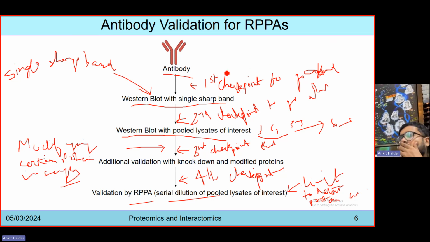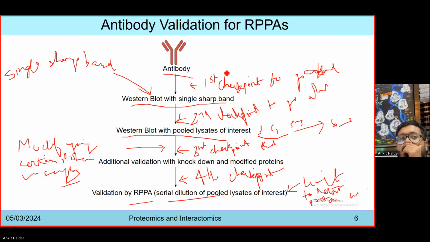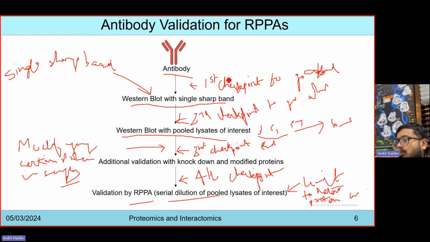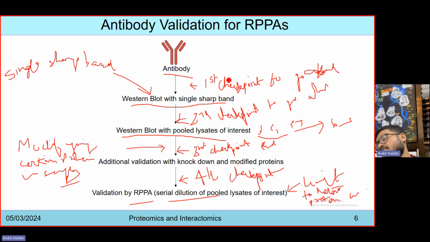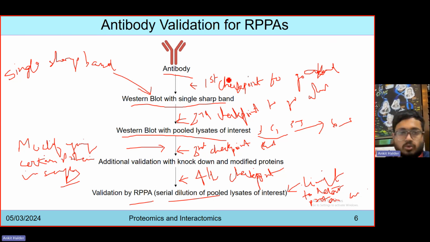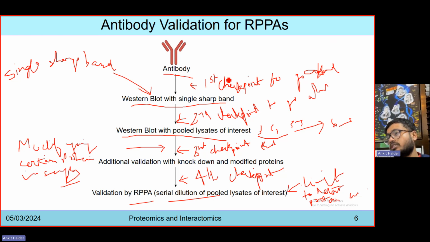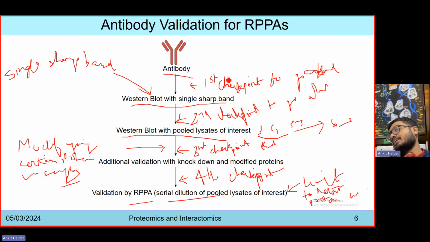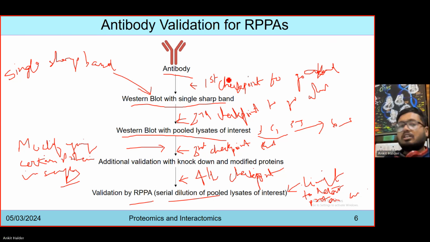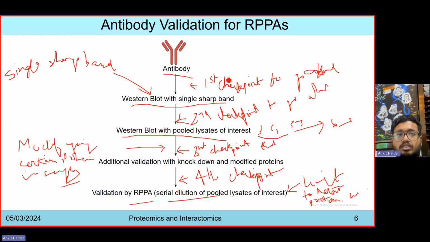This is what makes it quite important for us, so that lower and lower levels of those things can also be taken forward and can be used for our particular analysis.